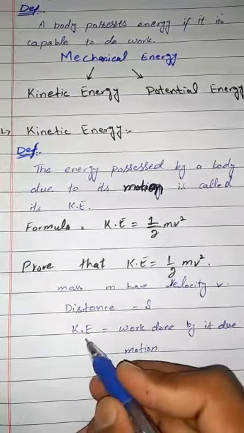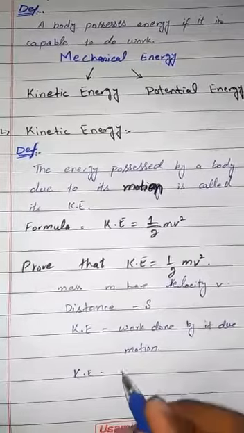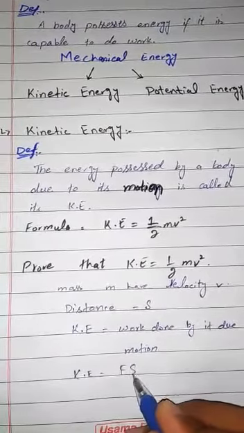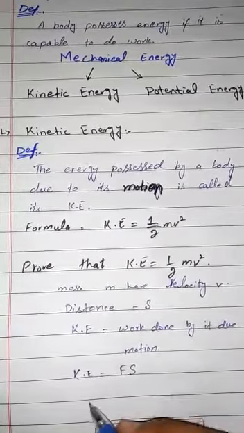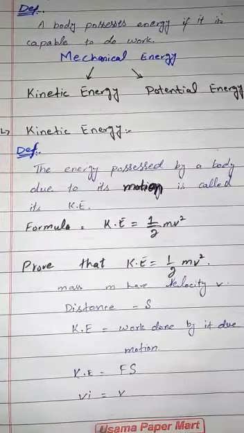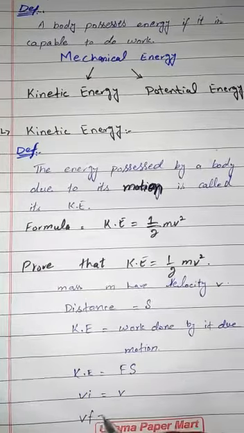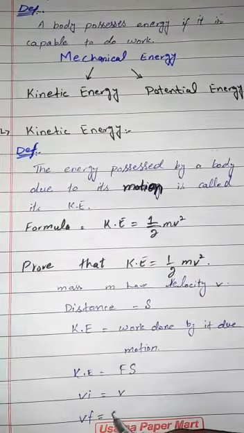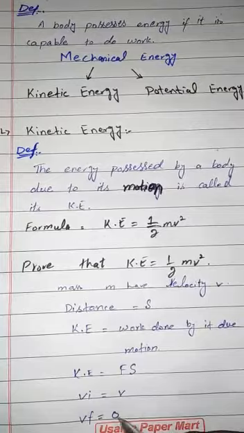So kinetic energy can be written as work done, which is force times displacement. We know that the initial velocity of the body is v and the final velocity of the body is 0 because it stops after some time.